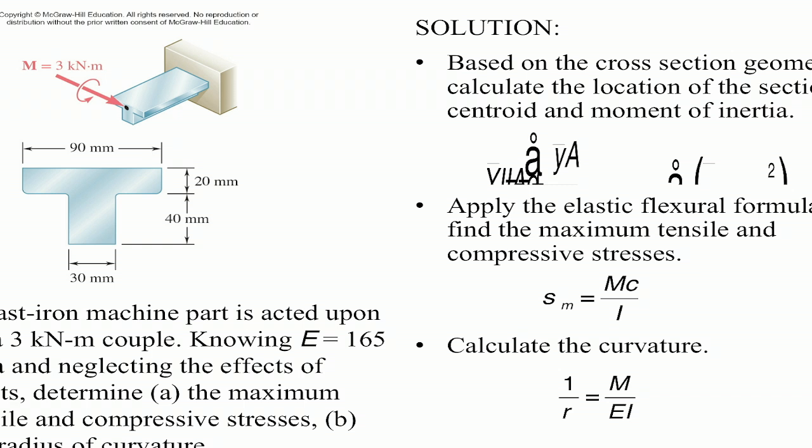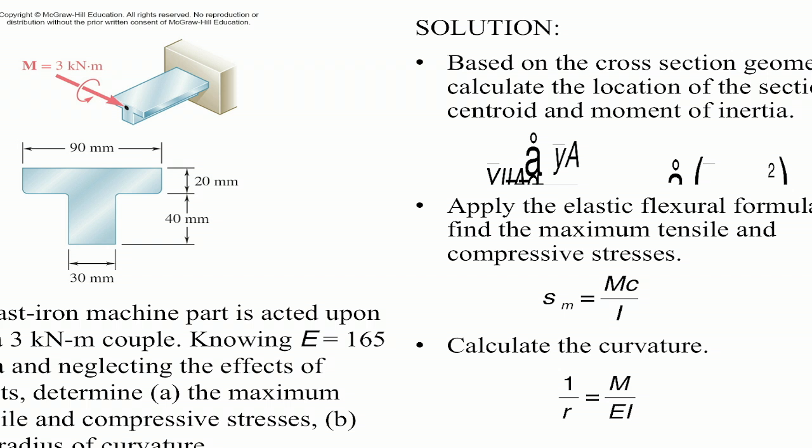I'll write this problem, I'll come back, but just for the figure part, I'm showing it here. There is this T-shaped beam whose dimensions are given as 90 millimeters, 20 millimeters, 40 millimeters. So it's like two rectangles.